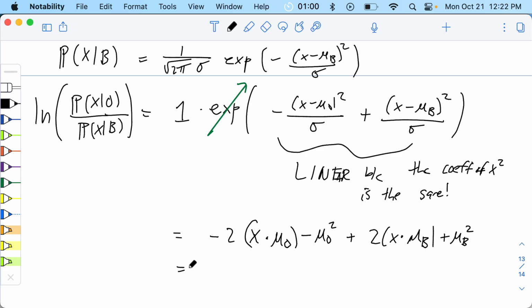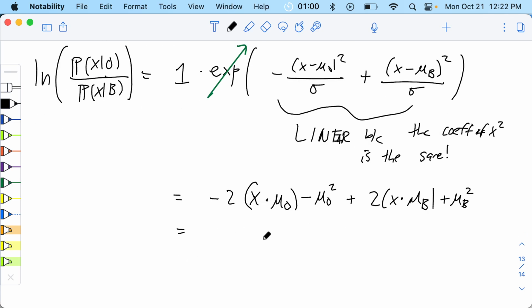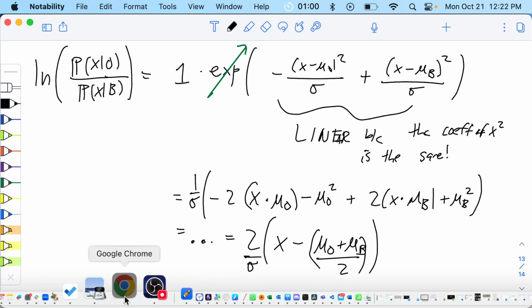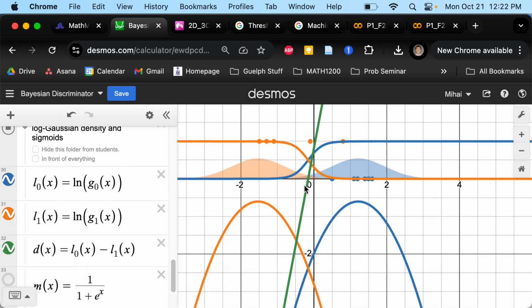And I think it turns into the straight line x minus mu 0 plus mu b divided by 2. So I'm going to skip some algebra. So it's a line which is 0 exactly at the midpoint of mu 0 and mu b. And I factored out a 1 over sigma out of everything. Let me put that 1 over sigma back. So it's a line, and it goes through the exact midpoint of the two means.